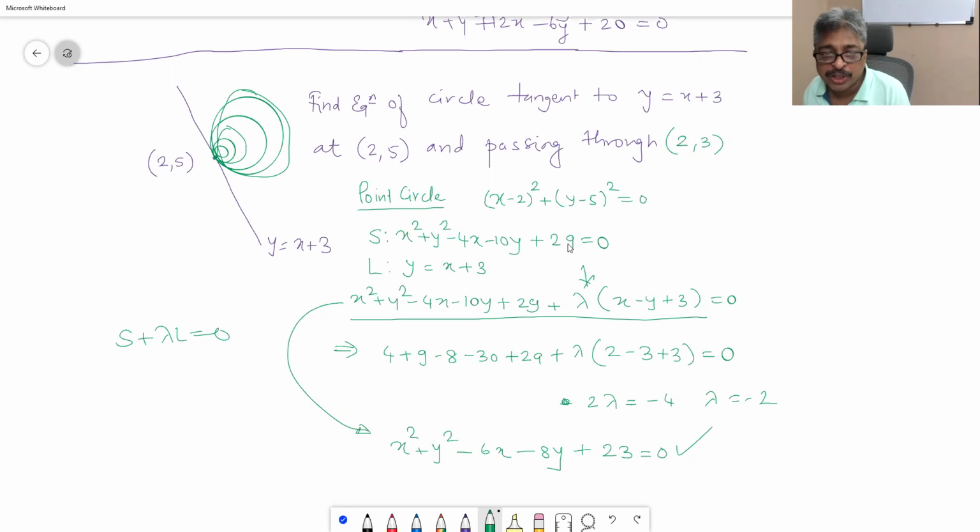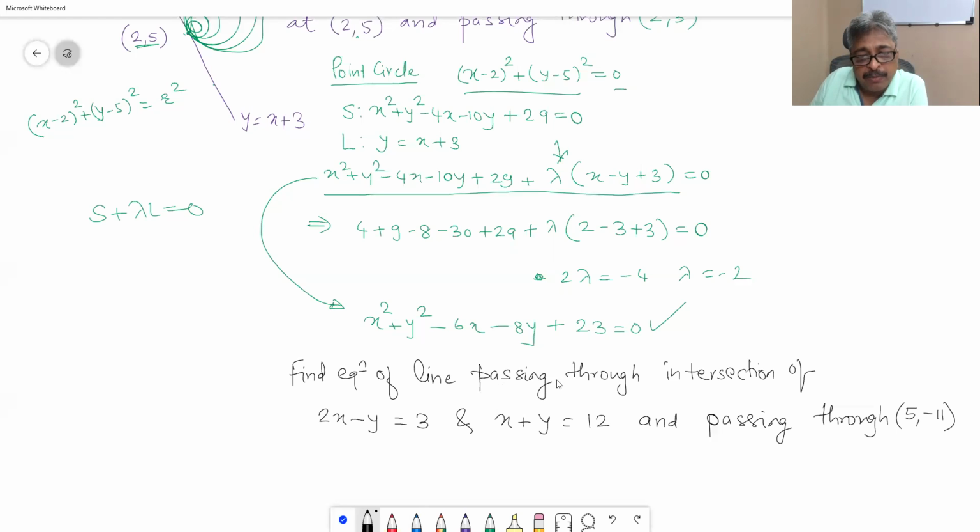So I did not have a circle with me in this problem. I created a circle by considering this point as a point circle. And why it works is because the line is considered to be tangent to this point circle, because both the points of intersection are coincident. Questions?